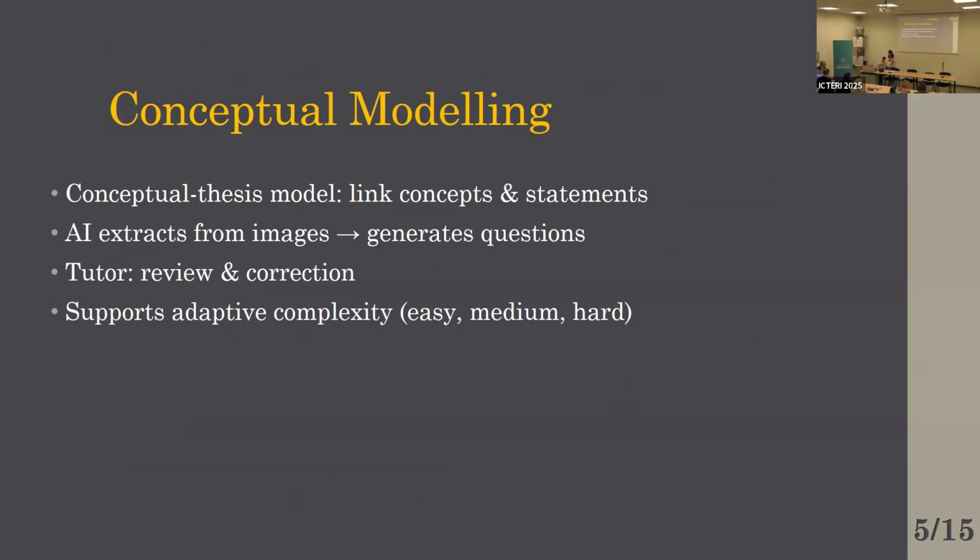Our hypothesis is that questions can be generated by integrating AI with this conceptual thesis model: concepts and related theses extracted from the text or images. For using AI, it's better to use graphic presentations, and we may use computer vision to extract text, graphics, and formulas separately.